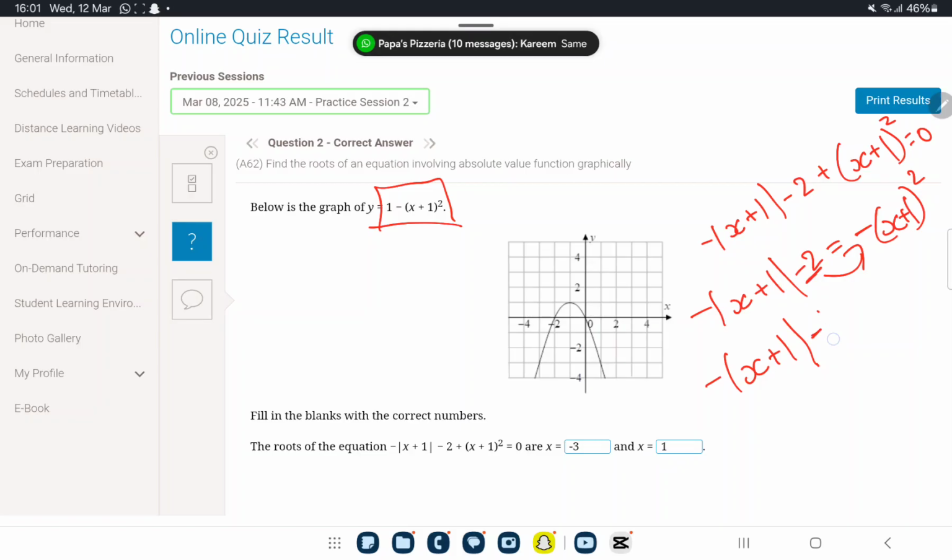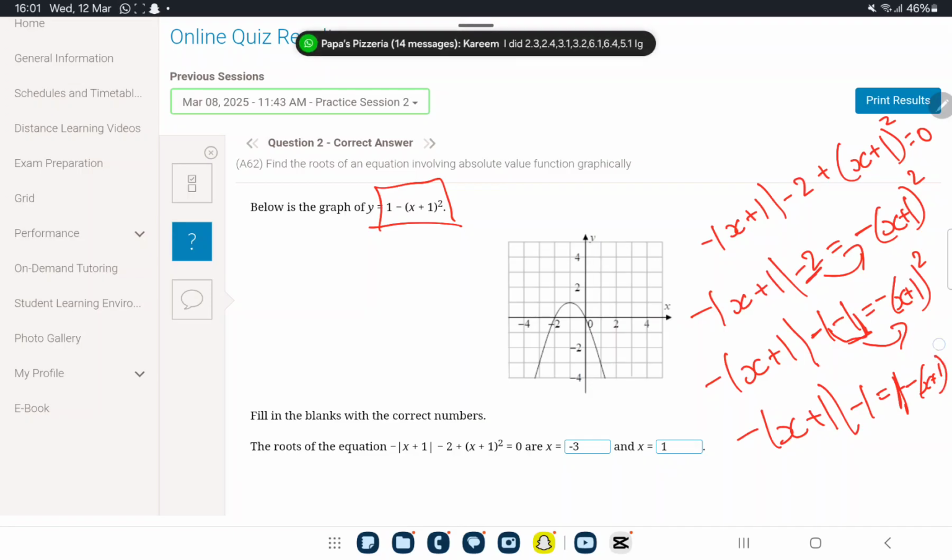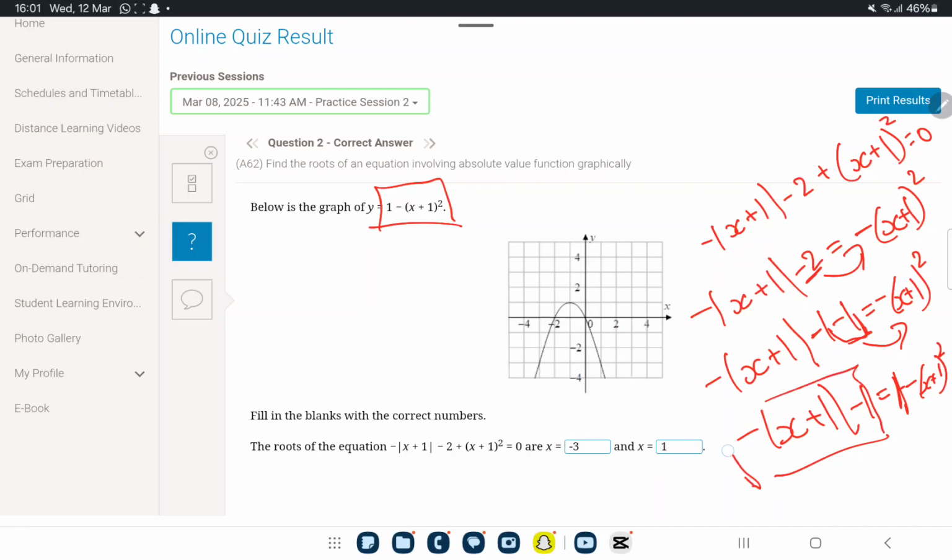It's minus 2, so minus 1 equals minus x plus 1 to square. You move this to the other side, so minus x plus 1 minus 1 equals minus 1 minus x plus 1 square. So you got your equation, and then you graph this one.